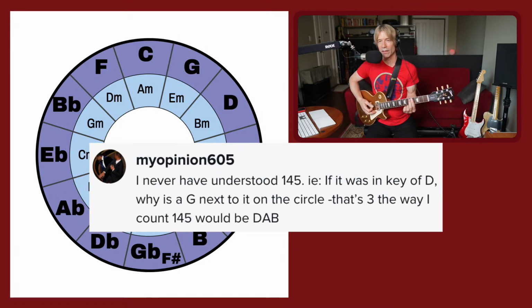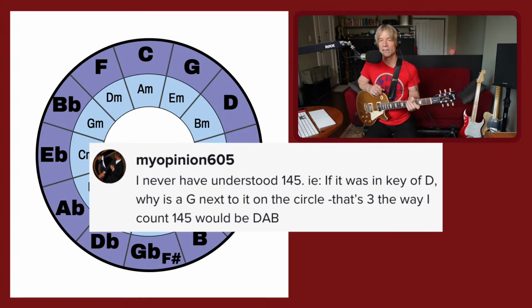You're skipping counting the D. You're jumping right to the E. But really, you're not counting the D as 1. D is 1, E is 2, F is 3, G is 4, and A is 5.